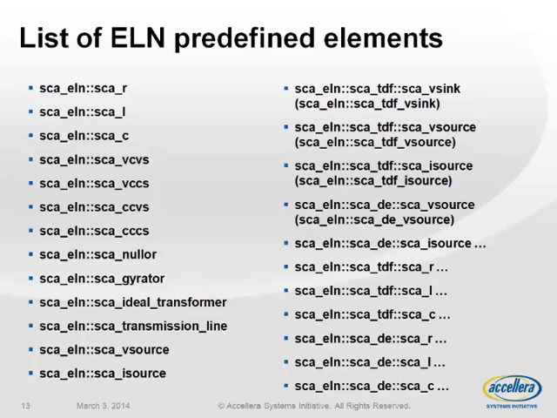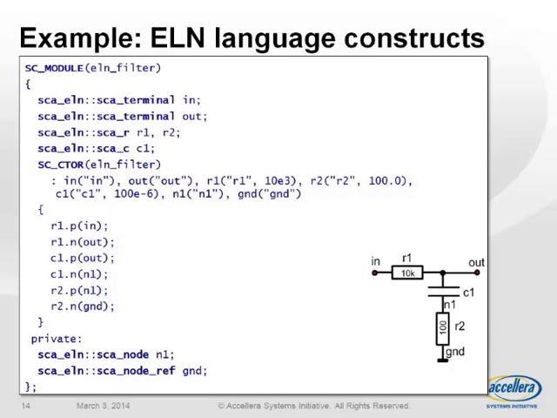Just to see what are the primitives that are offered by the ELN model of computation, you have the linear component R, L, and C. You have all kinds of voltage sources and current sources, controlled or not. You have all these constructs here. And like in LSF, you also have the possibility to interconnect your ELN devices with TDF and with DE, with this kind of primitives.